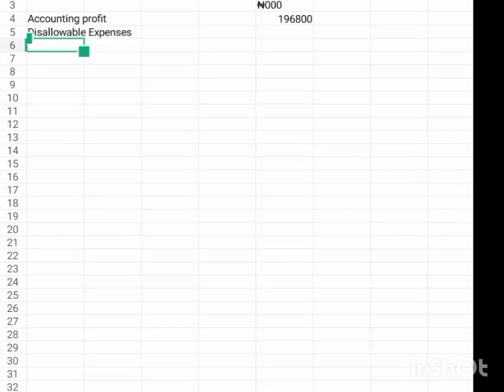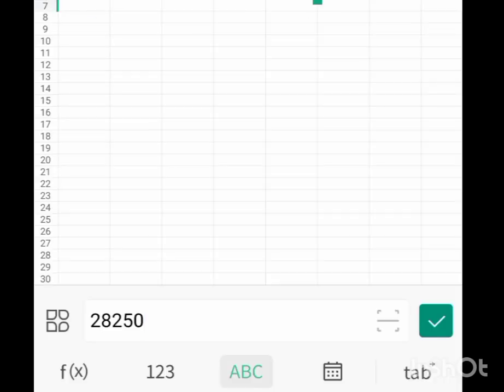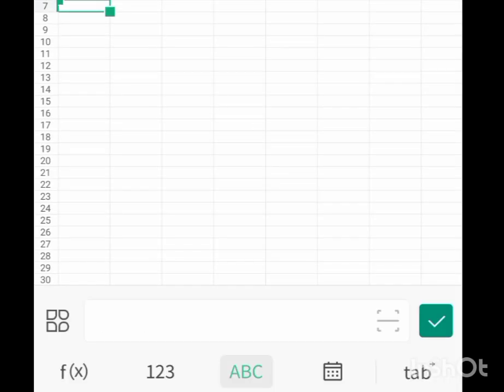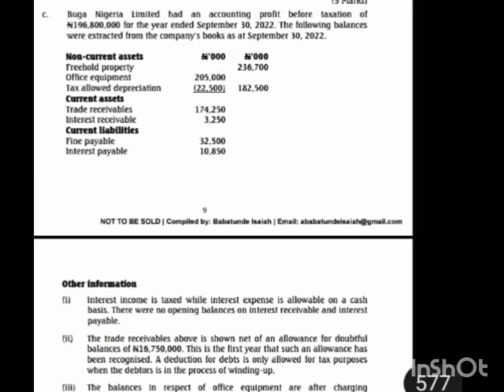So we come here, we say that. So that is not all. We also have depreciation of, I think that should be freehold. The freehold property was purchased on October 1st, 2021 for 263 million and is being depreciated for accounting purpose at 10%.